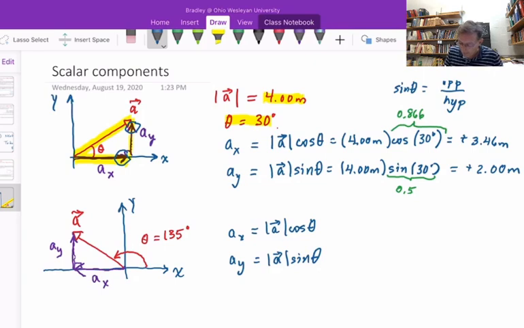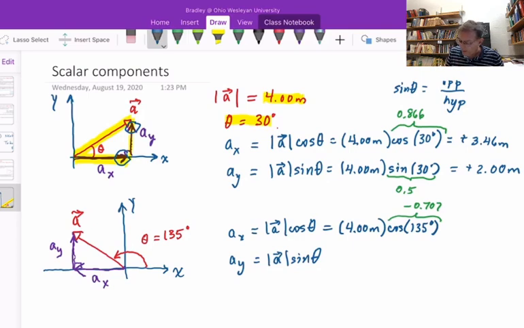So doing that, we have magnitude of A, 4 meters, cosine theta, 135 degrees. Now you go to your calculator, make sure it's in degree mode, and you ask it, hey, what's the cosine of 135 degrees? It will say, at least to 3 sig figs, negative 0.707. It will give you a negative result.